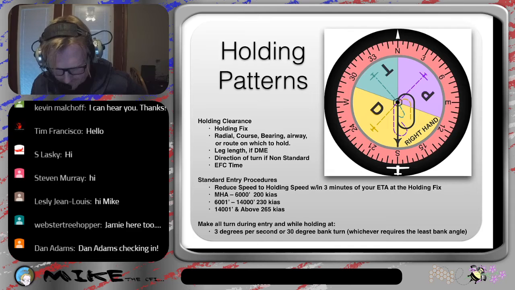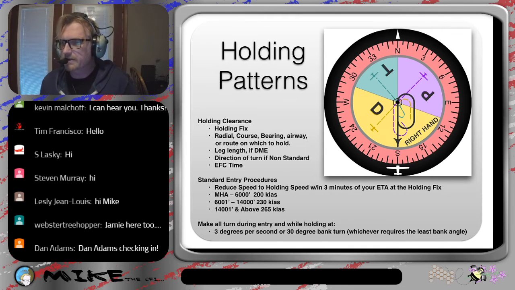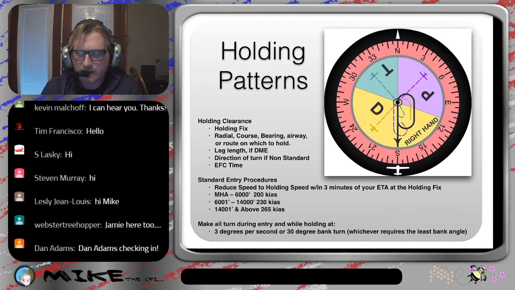When you're given a holding clearance, it's always going to contain this information. The holding fix, so the point from which they want you to hold, is going to tell you the radial course. So radials, whenever we talk about radial, we're always talking about a from indication. If we're talking about a course, we're always talking about a to indication. A bearing would be from indication. They might mention an airway or whatever route they want you to hold on.